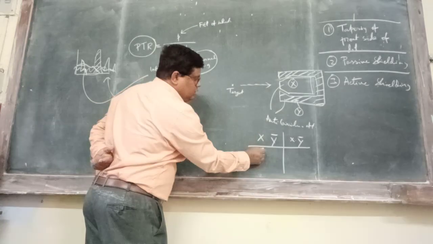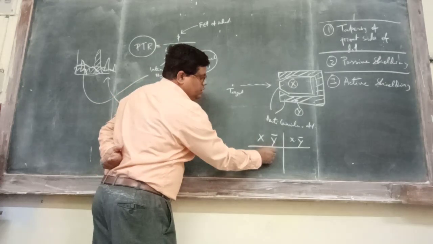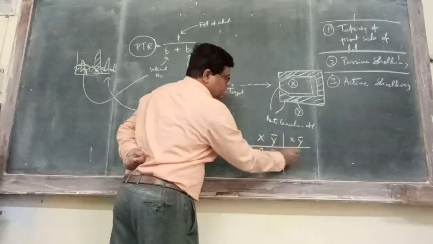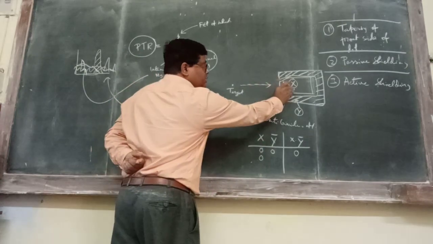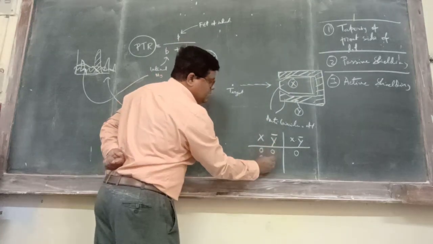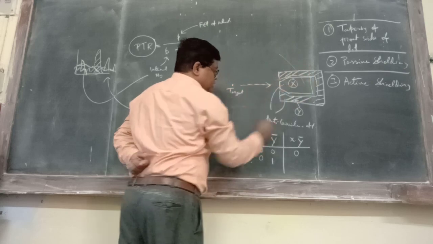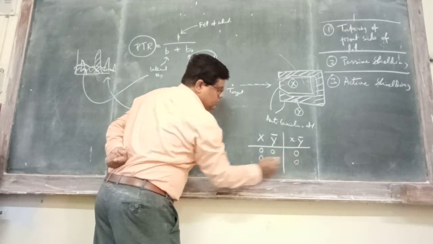Suppose I don't have any signal over here and I don't have any signal over here. What will be the output? 0, no signal. Again, no signal from the target, meaning no full energy peak, but I am seeing a scattered gamma ray from the shield. This is again 0.